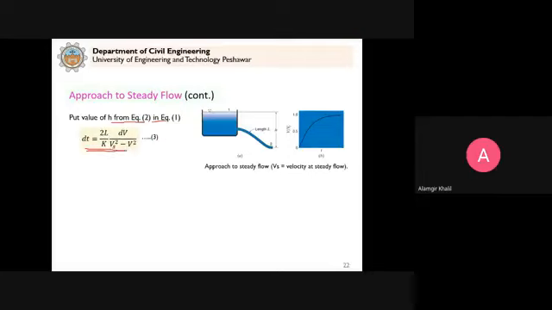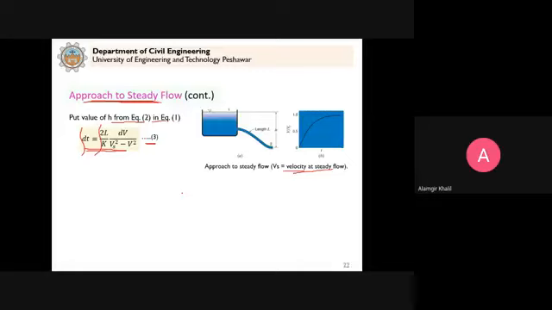You have the unsteady flow velocity V and the approach to the steady flow velocity, which we now bring into equation number 3. And now we can integrate this equation and calculate how much time it will take for the flow to approach steady flow condition.